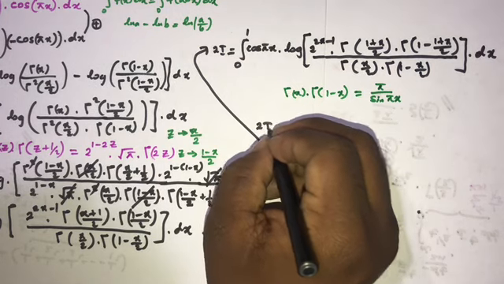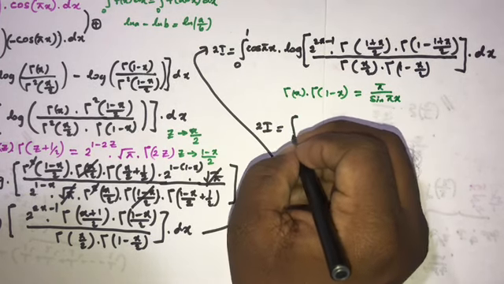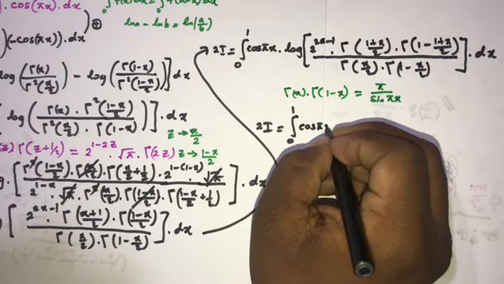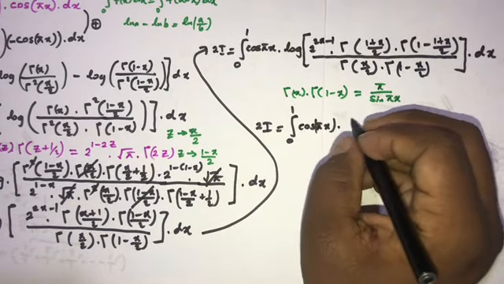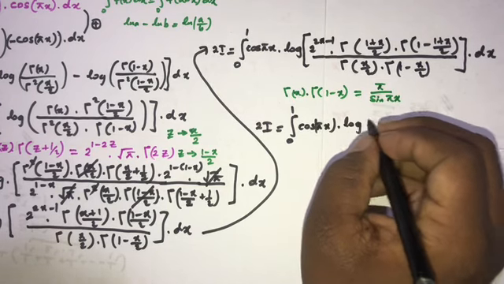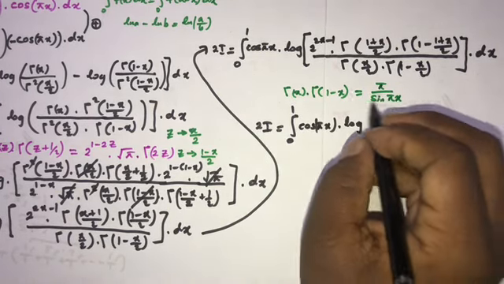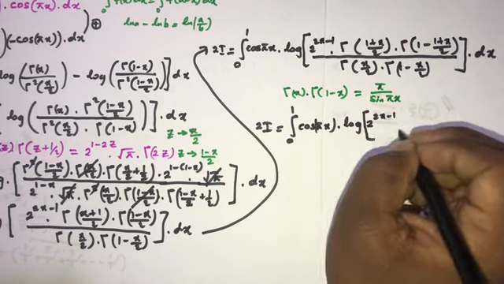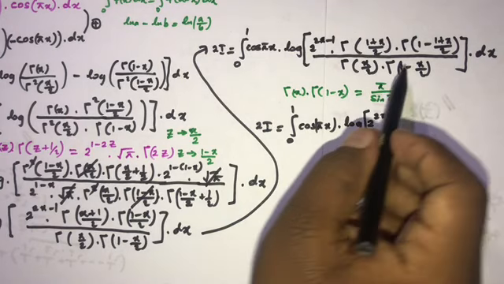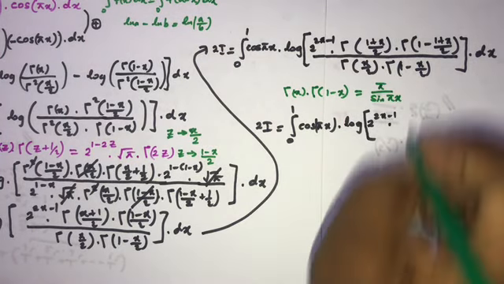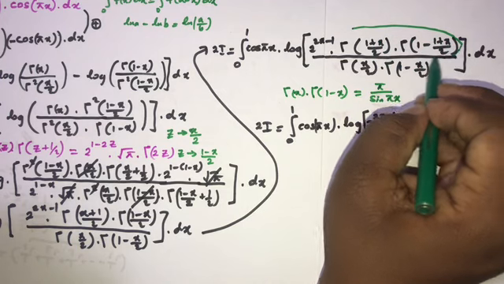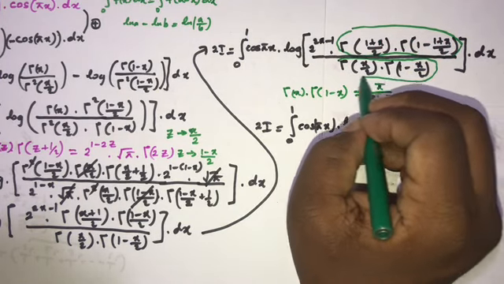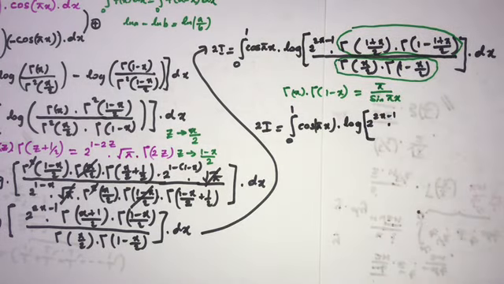So 2 times I is equal to integral from 0 to 1, now cosine of pi x, here natural log of 2 raised to the 2x minus 1. And now instead of this term we can use Euler's reflection formula. Also this part we can use Euler's reflection formula.